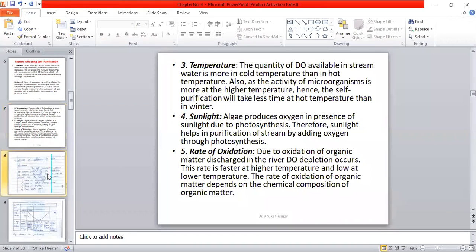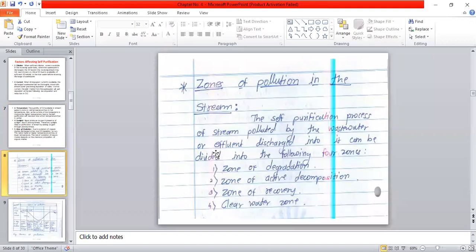We'll go to the next point, that is zones of pollution in the stream. Now you saw the video, and in that I tried to show you how, when you are adding some quantity of sewage into a stream, it gets mixed into the stream and then gets treated naturally.